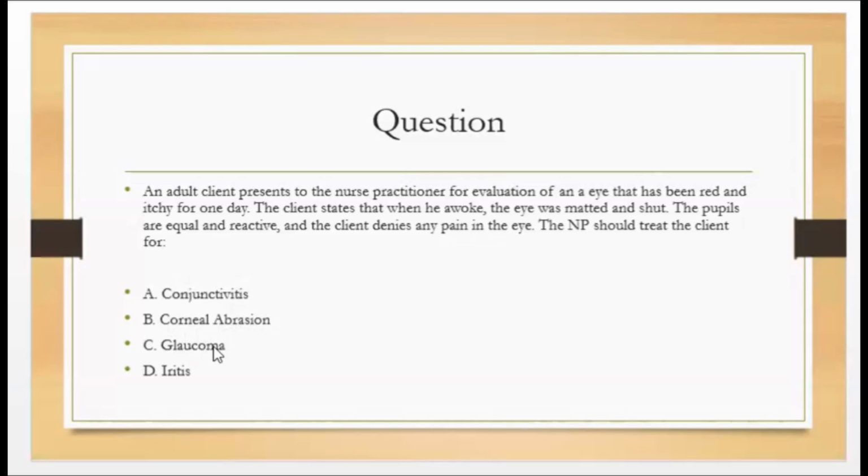Then glaucoma. We have two types of glaucoma, open angle and close angle. Open angle is just chronic, raised intraocular pressure. The patient already knows they have glaucoma. They have been managing it under the ophthalmologist.